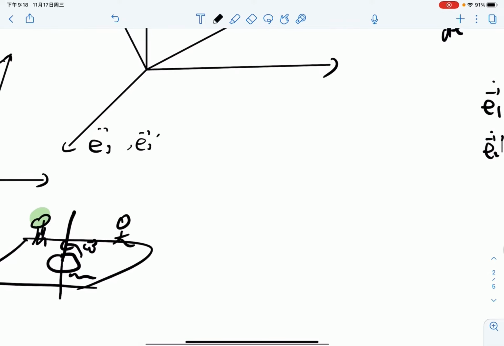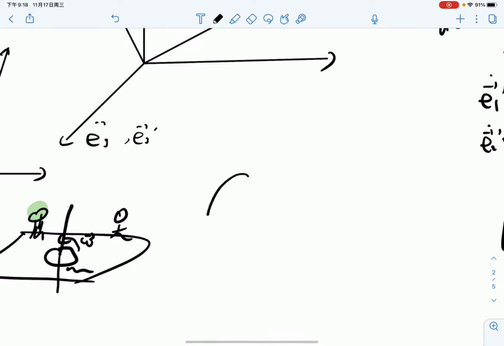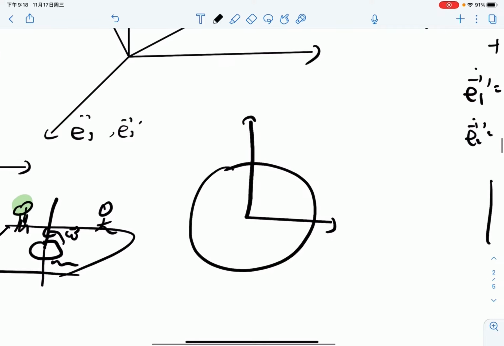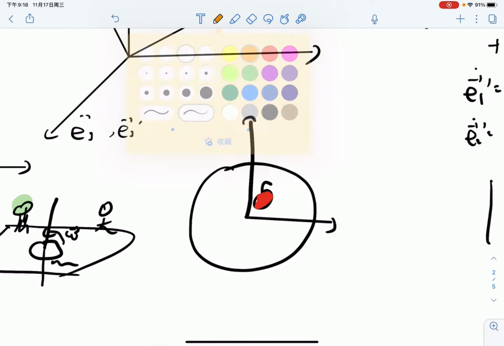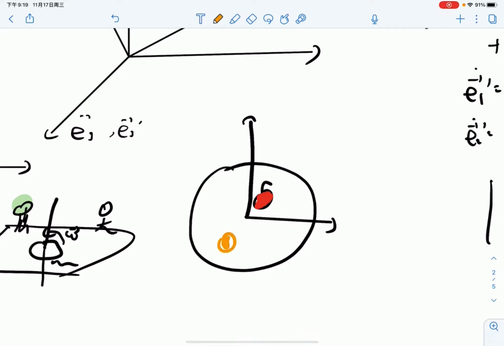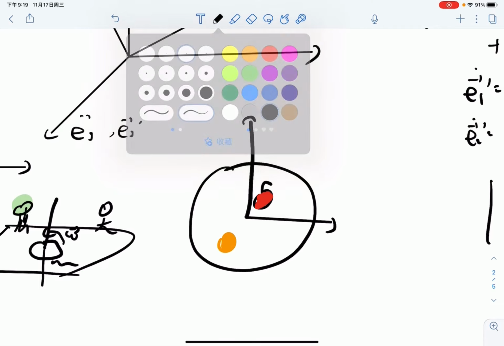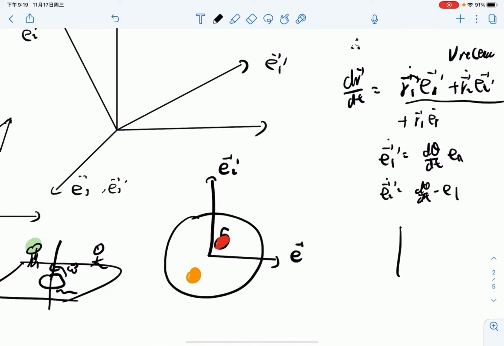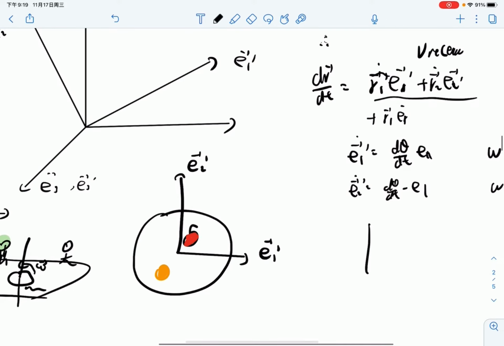When we describe objects in the rotating disk, like if here's an apple over here and here's an orange over here, we just use new notations, E1 and E2.